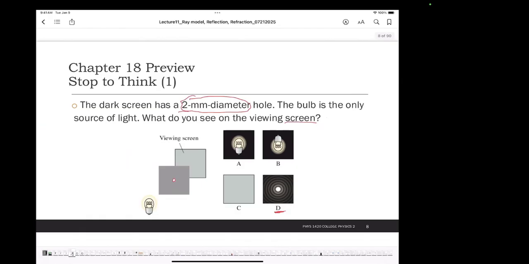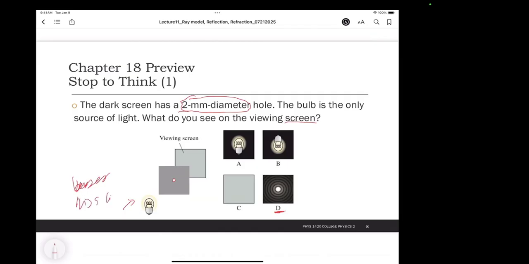And second, when we talked about diffraction and interference in chapter 17, we mainly focused on a beam of light, a laser light, or some visible spectral light like the red light, green light, and the wavelength is very small. The unit is nanometer.